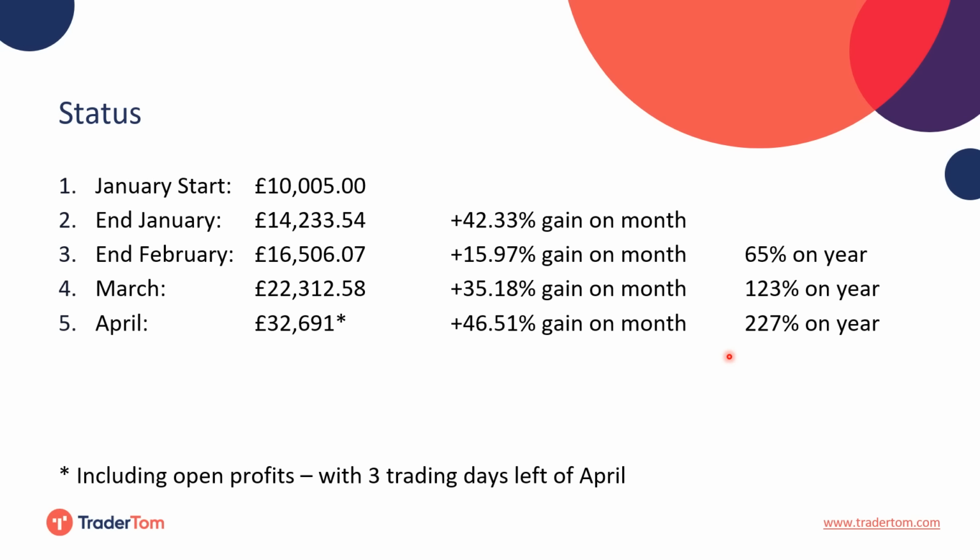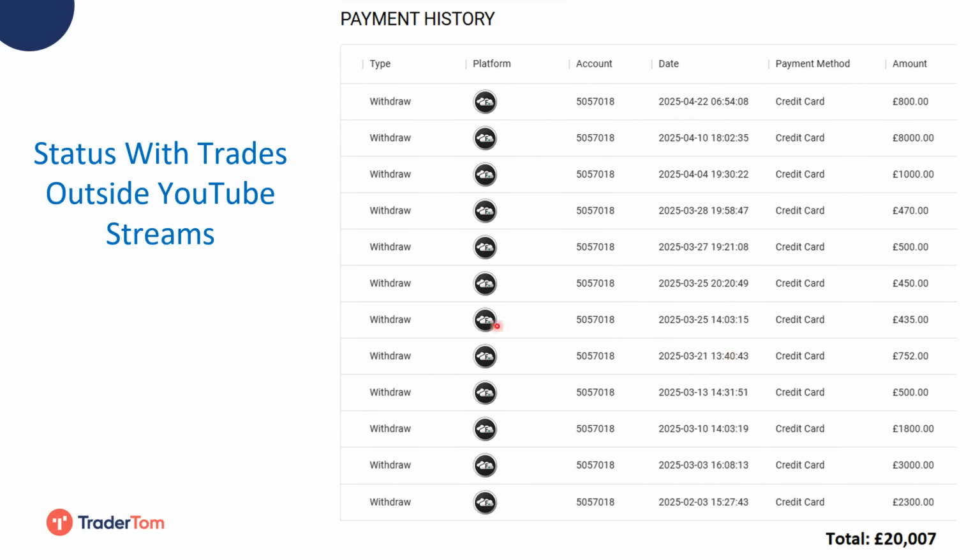But as I've already alluded to, there's more to the story. And so here's a screenshot from my account that shows all the withdrawals that I have made on trades that took place outside. And these are almost always on really volatile days. The big ones at least.